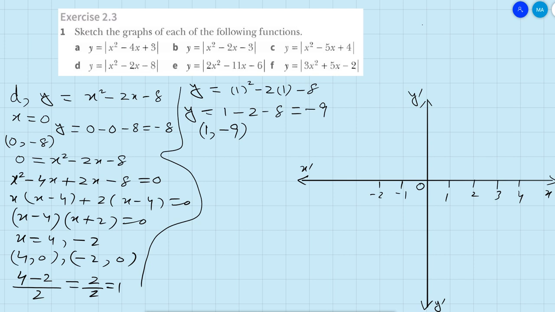Taking 2 squares as 1 on the y-axis, this is minus 2, minus 4, minus 6, minus 8 and minus 10. Okay, and this is 2, this is 4, this is 6, this is 8, this is 10.